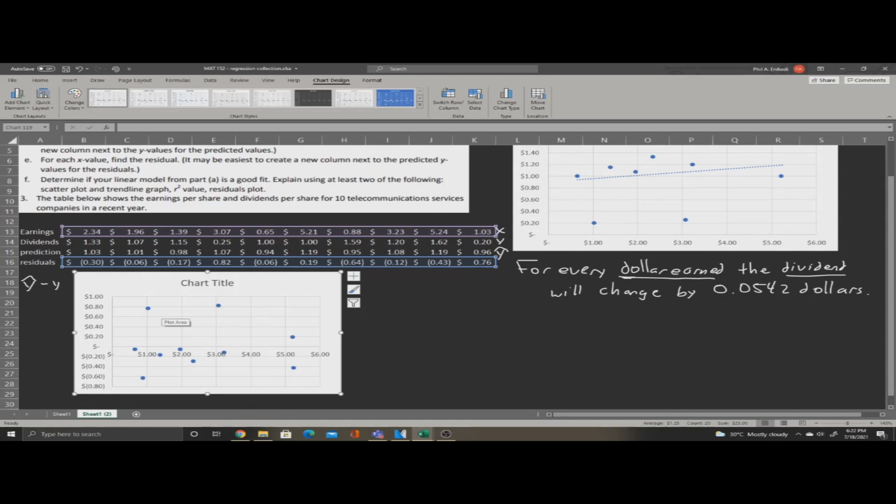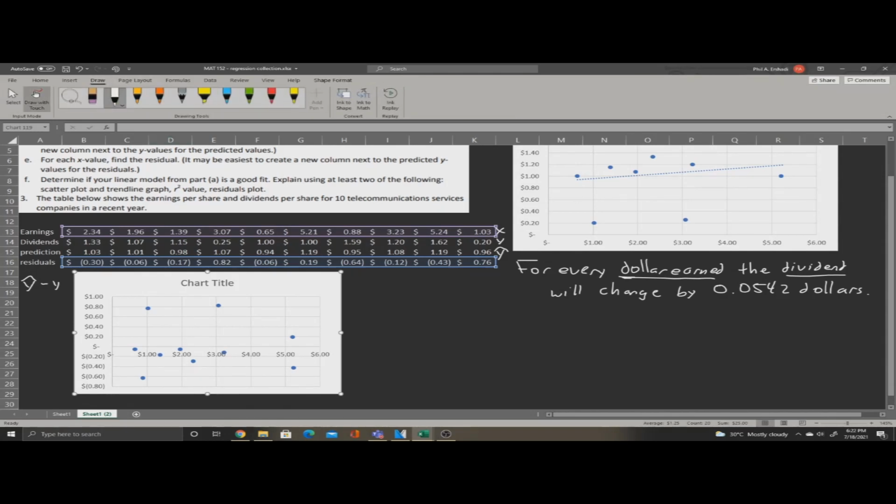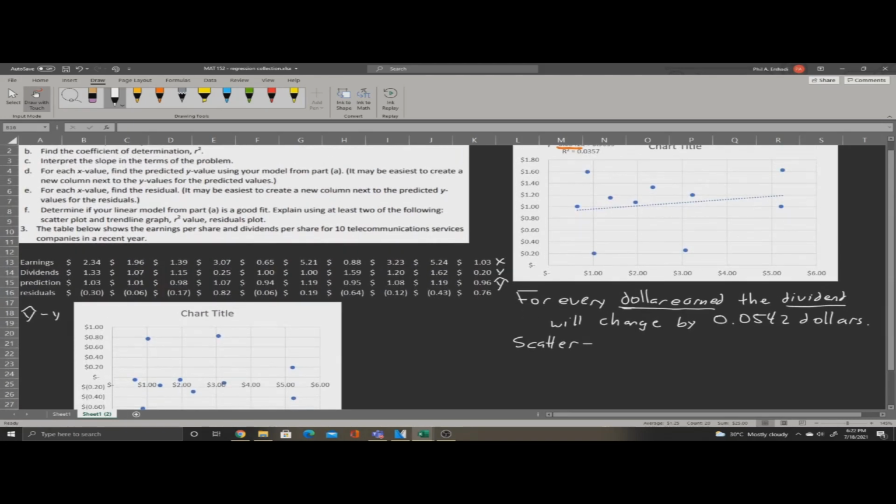Now let's determine if the model is a good fit. First, let's look at our scatter with our trend line. Now if we have a look at our scatter, we see that the line doesn't go through any of the points at all. It goes close to a couple of them, but most of the points are completely different from the trend line.